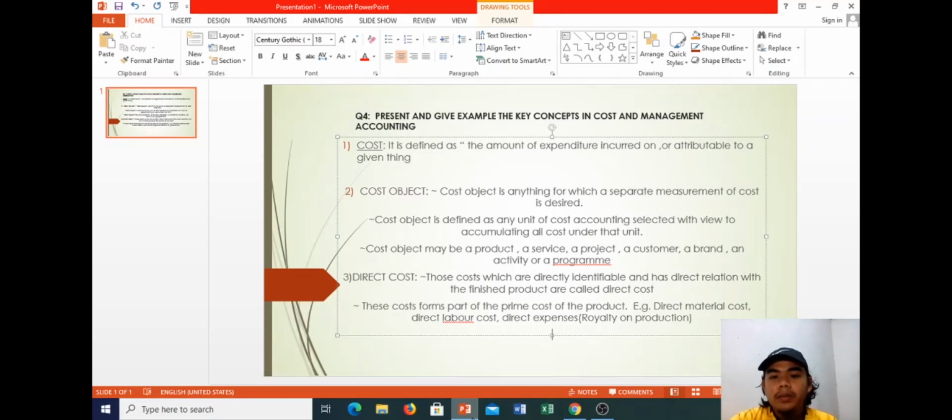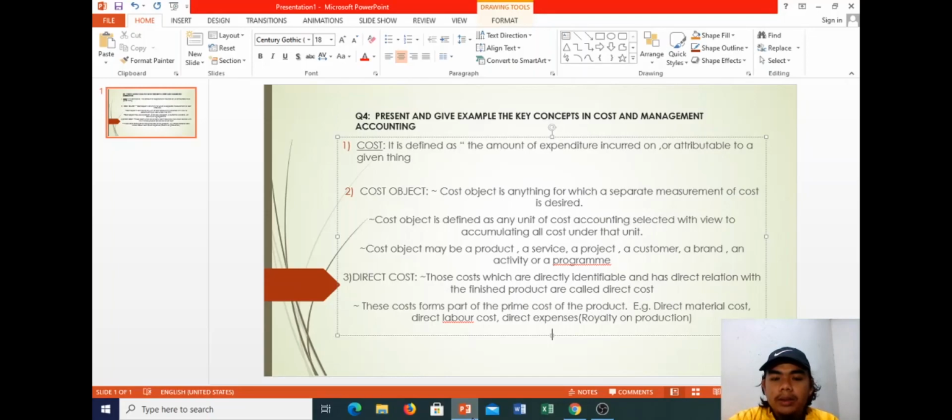Present and give examples of the key concepts in cost and management accounting. Okay, the first one is cost. It is defined as the amount of expenditure incurred on or attributable to a given thing. Second is cost object. Cost object is anything for which a separate measurement of cost is desired.